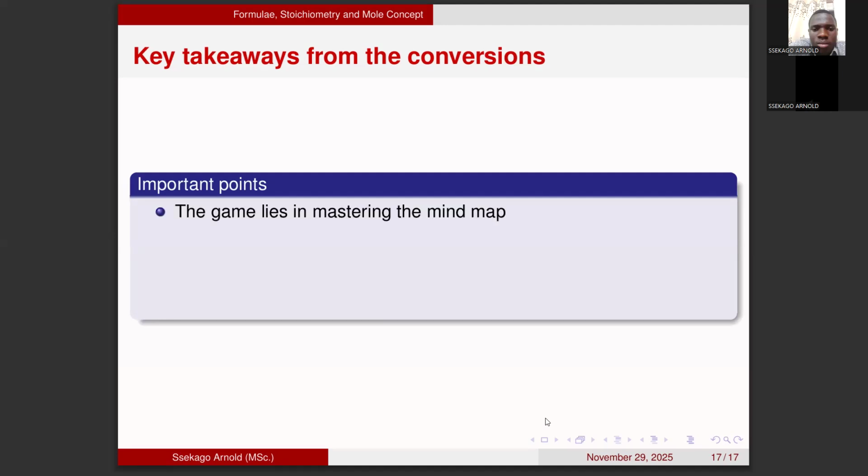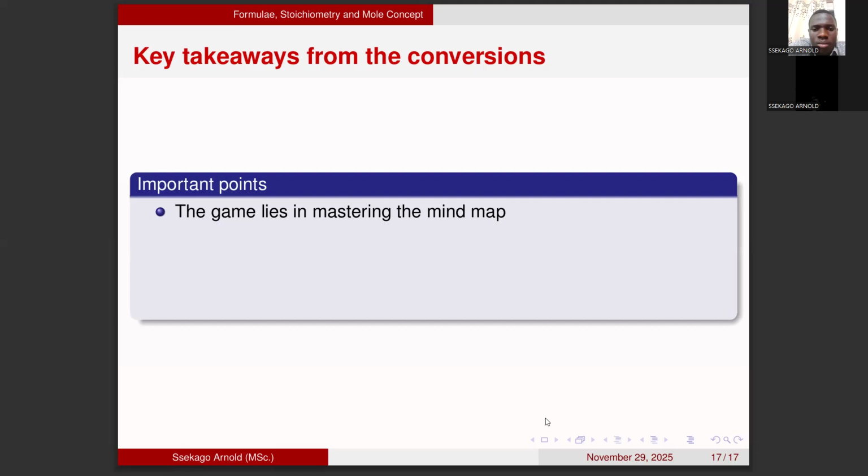The first one: the game always lies in mastering the mind map. Given any conversion, before interpreting the item, before carrying out anything, you have to first take note of the mind map.